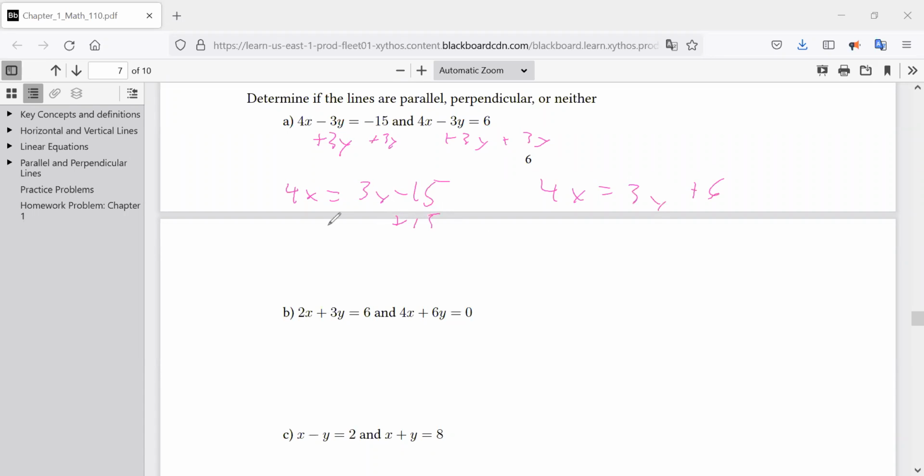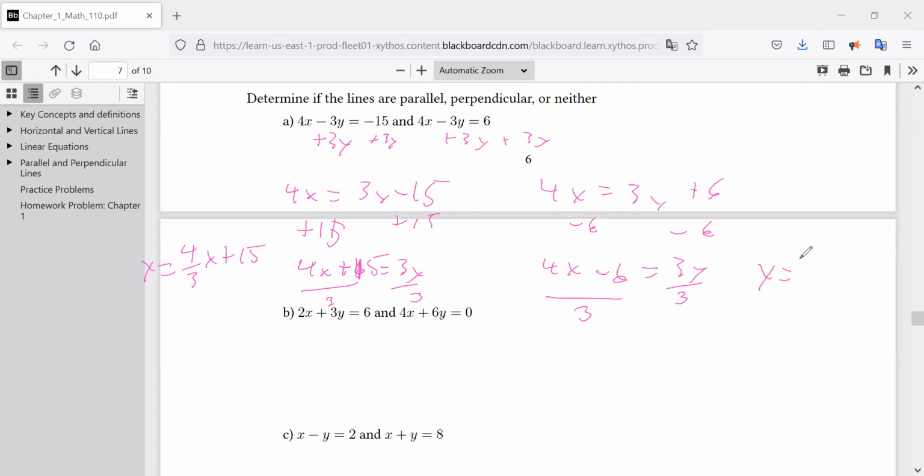Let's move these guys over too. We got 4x plus 15 is equal to 3y, and 4x minus 6 is equal to 3y, and divide both sides by 3. We get y is equal to 4 over 3 x plus 5, and y is equal to, sorry, 6 over 3 is 2, 4 over 3 x minus 2.